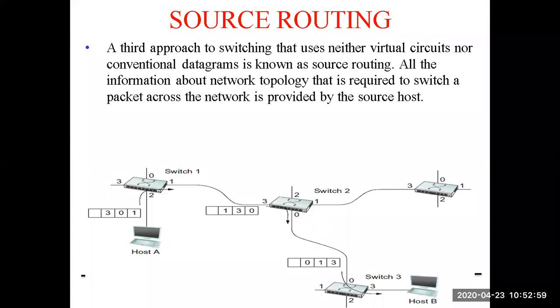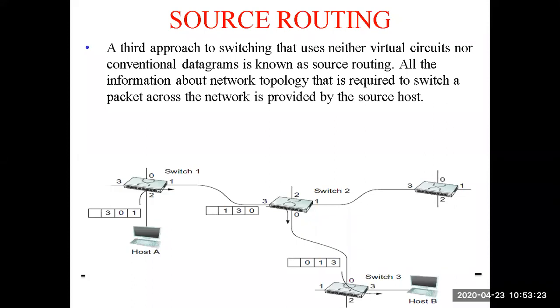Everything will be written in the header of the frame, and the frame will be sent. So before starting, the frame header contains the information regarding the route. The source will direct how to go in the network. That is called source routing. This is the third approach of switching techniques.